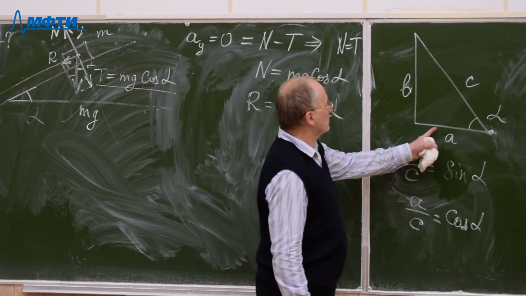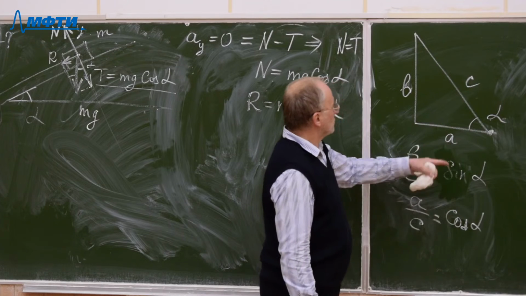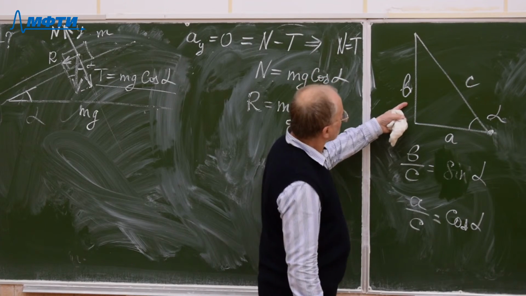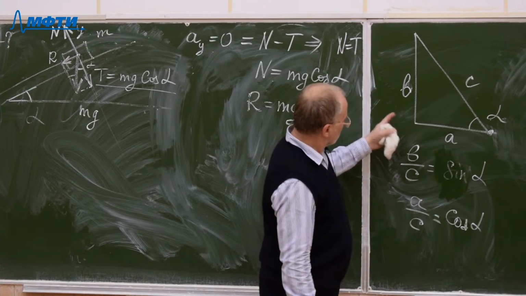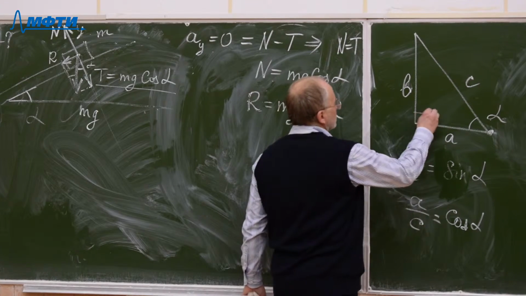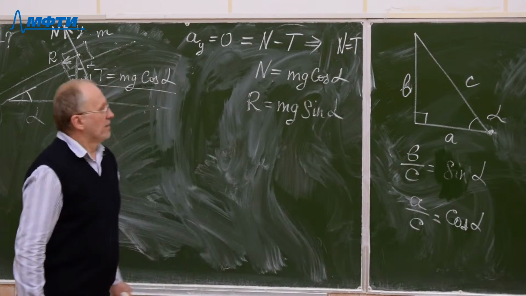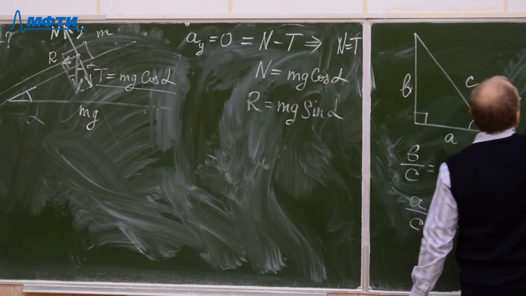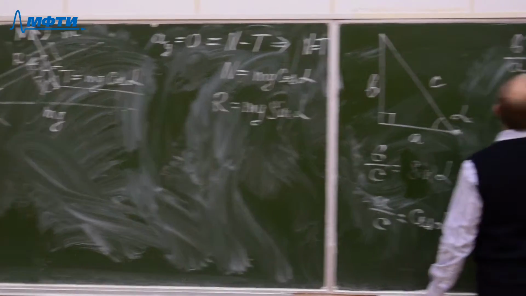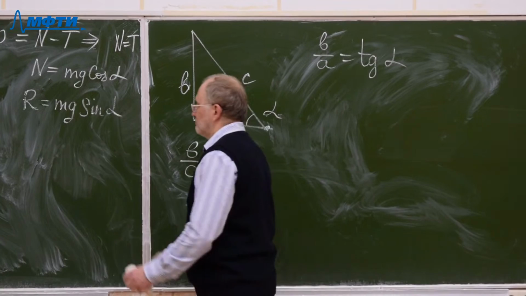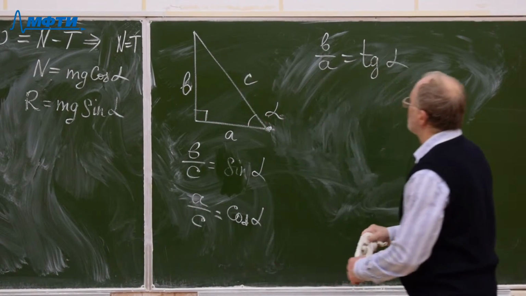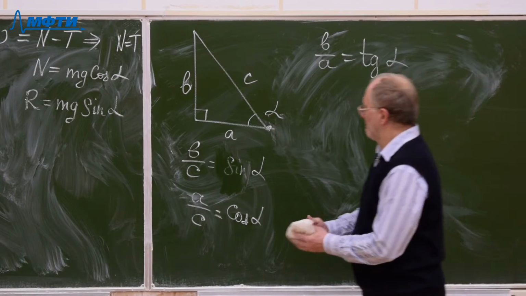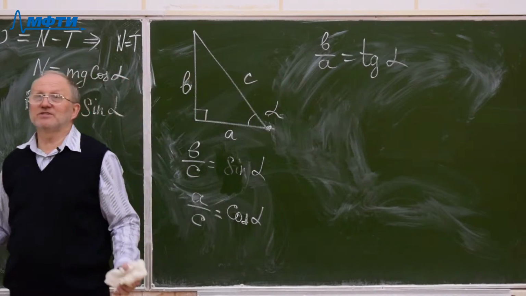The adjacent leg gives you cosine, the quotient of this leg to side C, and this is the right angle. And also it's useful to know that B over A is tangent alpha.